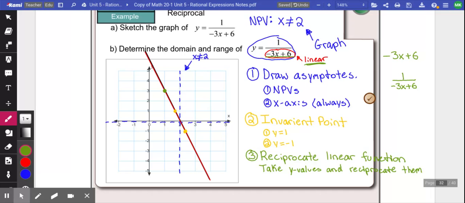That green point has a y value of 3. If I was to reciprocate that point, the reciprocal of 3 is 1 divided by 3. So that point would come all the way down to here. Notice that the x value is still the same. Both values have an x value of 1. But now I have a y value of 1 divided by 3. So I've reciprocated that point and I'm moving it down there.